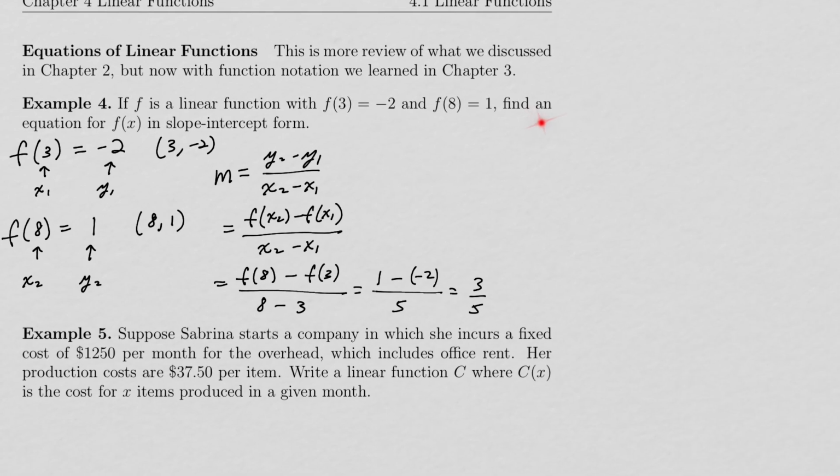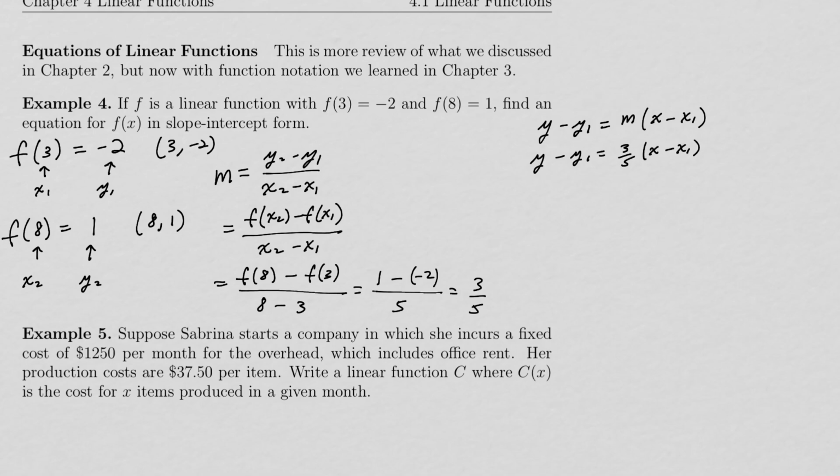I'm going to have y minus y1 equals m times x minus x1, right? So in this case, y minus y1 equals, we know the slope is 3/5, x minus x1.